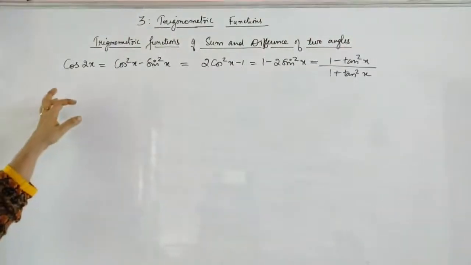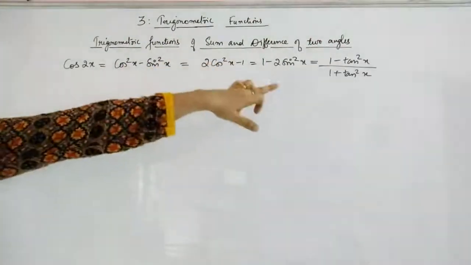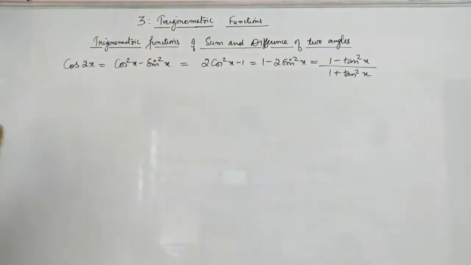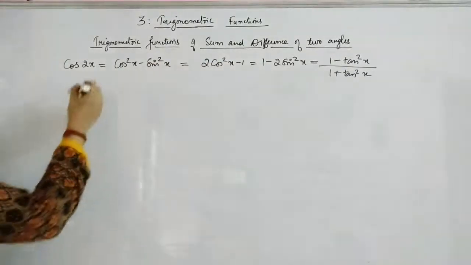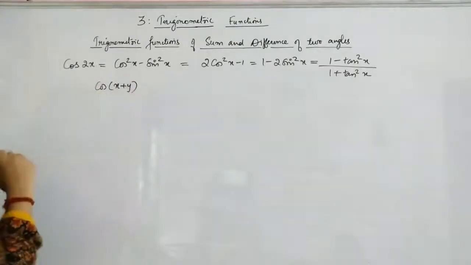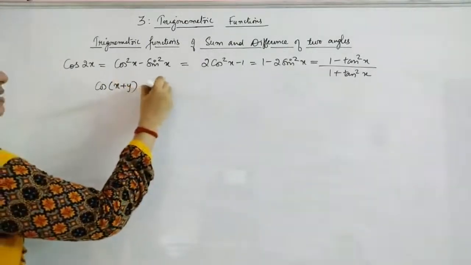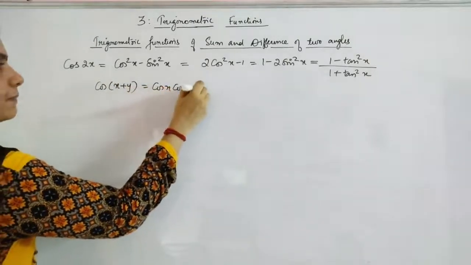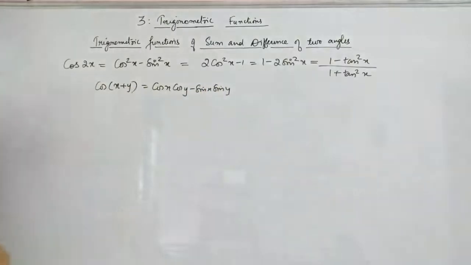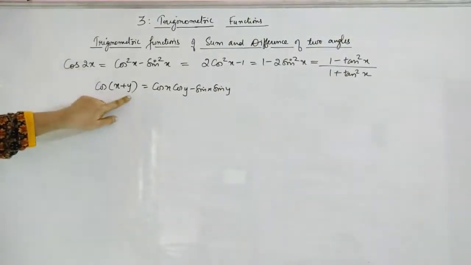Next you have cos 2x, and it has 4 formulae, and all the 4 are equally important. Now how we will reach these formulae, we will just see. We will start with cos of x plus y, which we have already dealt with, and cos of x plus y is cos x cos y minus sin x sin y, right? Now in order to get cos 2x on the left hand side, we should replace this y with x.